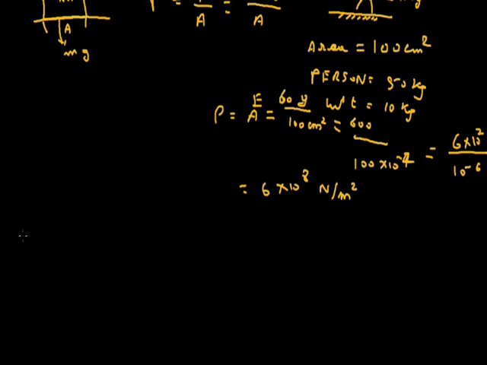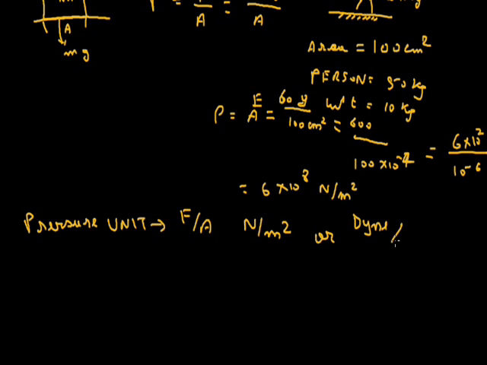Now let us find the units of pressure. It is force per unit area. That means it is measured in newtons per meter square, or in the CGS units it will be dyne per centimeter square. So these are the two units, the SI unit and the CGS unit.